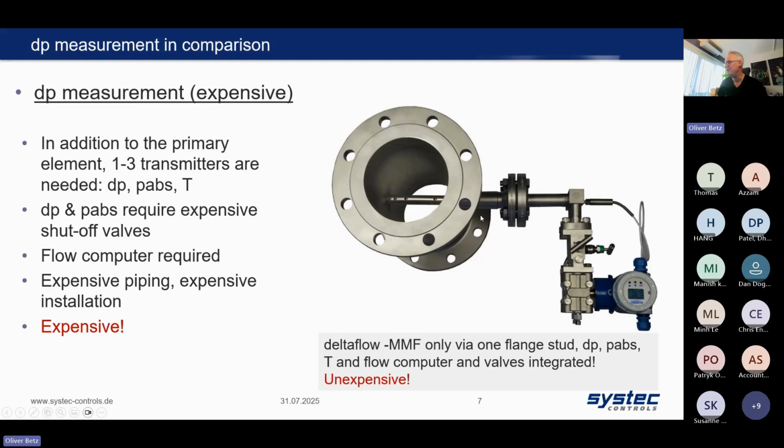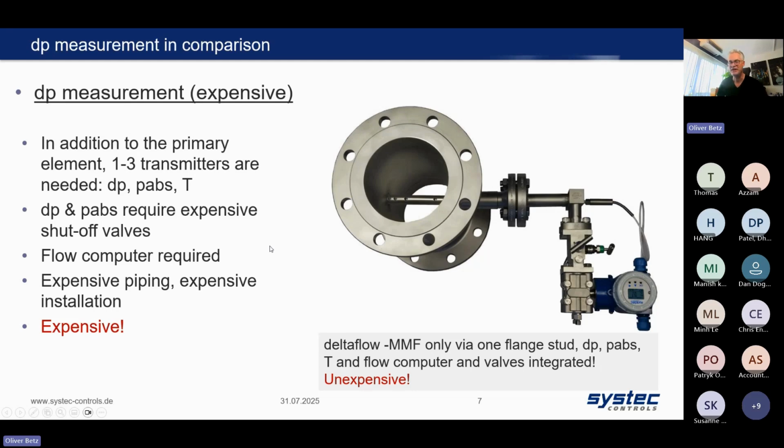You have the primary element, you have a temperature sensor included, and you have the multivariable transmitter together with a three-way manifold, which can calculate the mass flow. So all is installed with just one flange stud. This is much more inexpensive. I would say there's a factor 1 to 3 or 1 to 5 compared with a Venturi installation that we showed in the picture before.